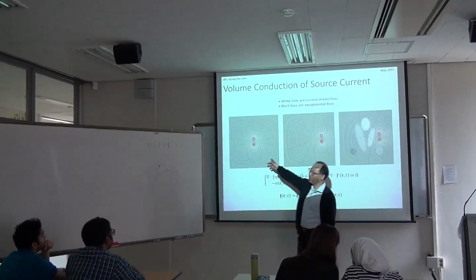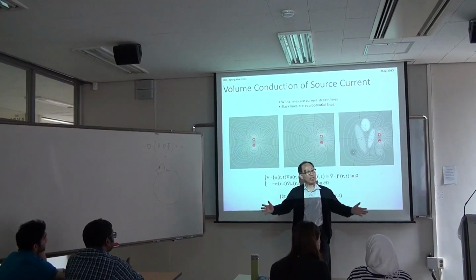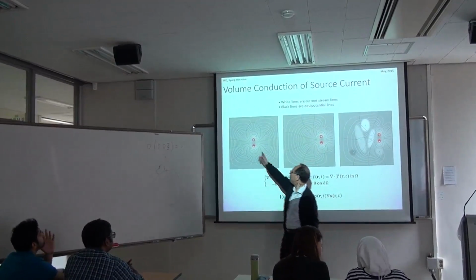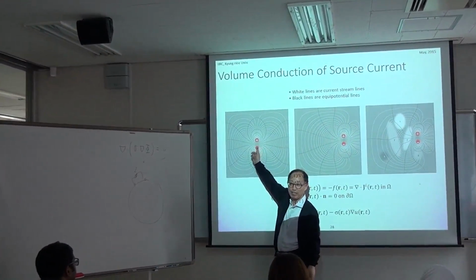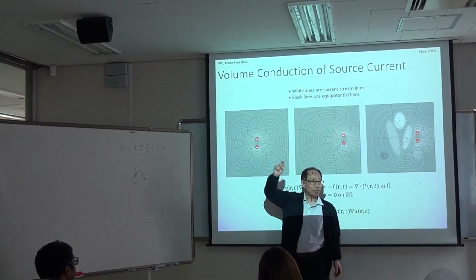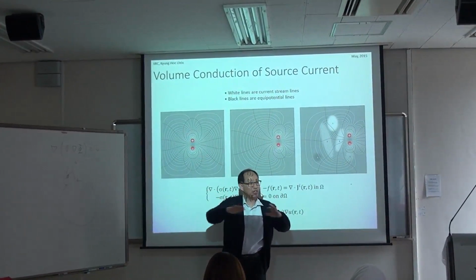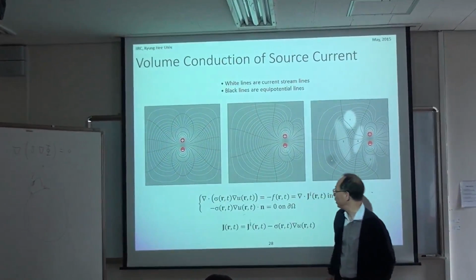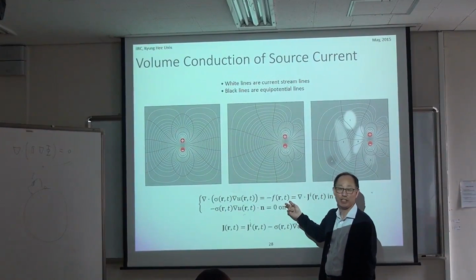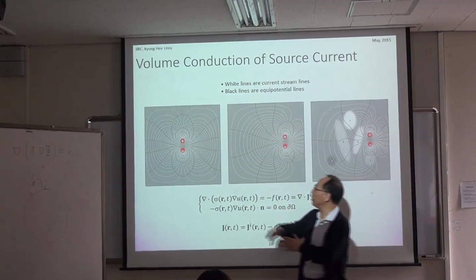So what is this? This is the homogeneous rectangular domain where we have a dipole at the center. And I want to find out what's going to be the current density and what's going to be the equipotential line. To find out each field distribution, I have to solve this equation, Poisson equation, numerically, with boundary conditions.